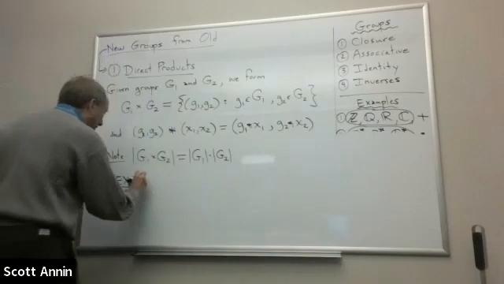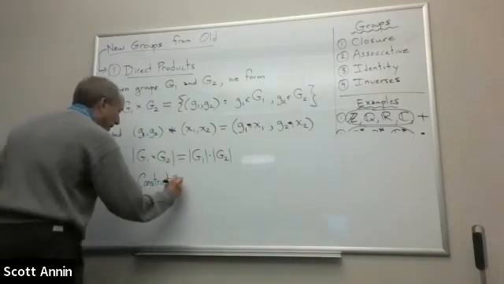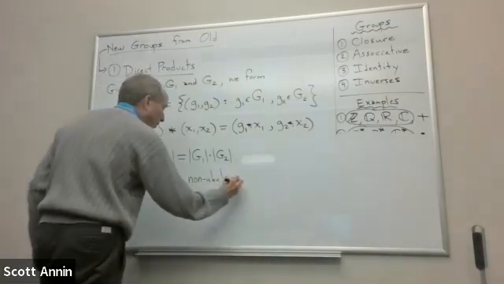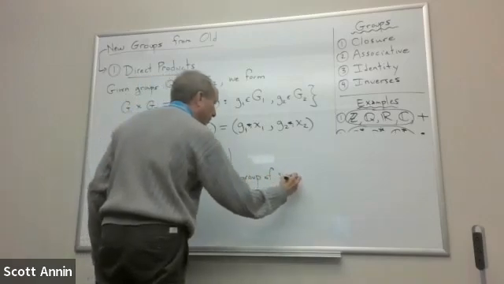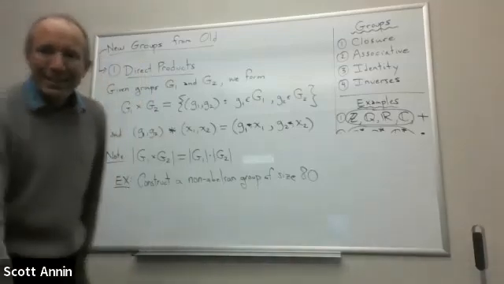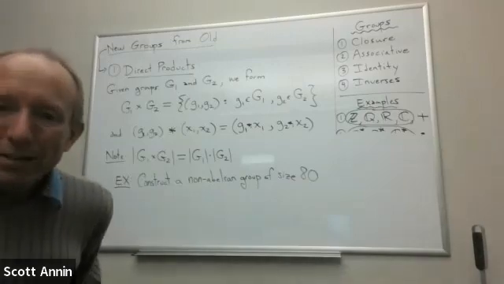So let's just think of an example. Let's construct a non-abelian group of size 80, just to play around with some of the examples that we did on the previous video.